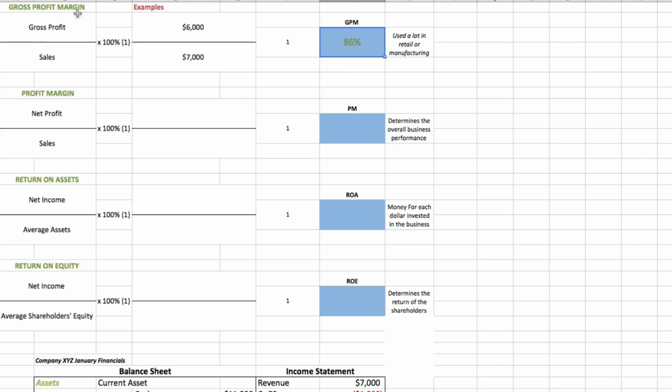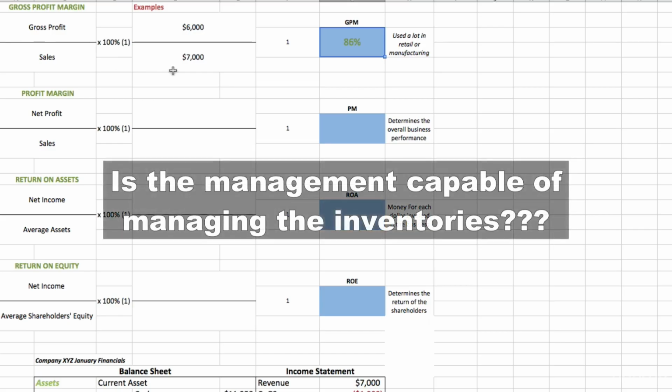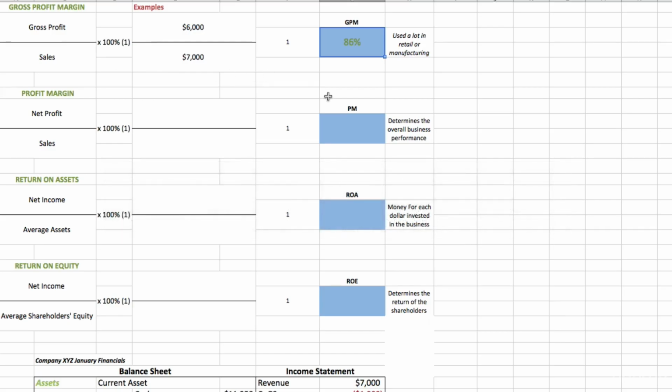But the reason why we use the gross profit margin is because we want to know how the inventories are managed. And that's why this gross profit margin is especially used in retail and manufacturing, where the inventories are very heavy for the company.